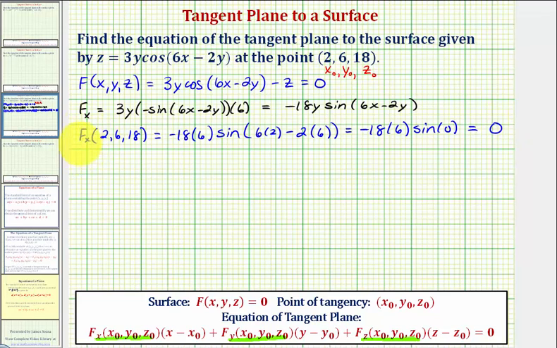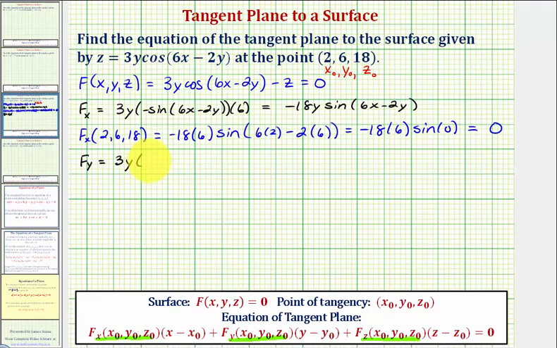Now we'll find the partial with respect to y, so we'll treat x and z as constants. So to differentiate 3y cosine of 6x minus 2y with respect to y, we'll have to apply the product rule. So we have the first function 3y times the derivative of cosine 6x minus 2y with respect to y.